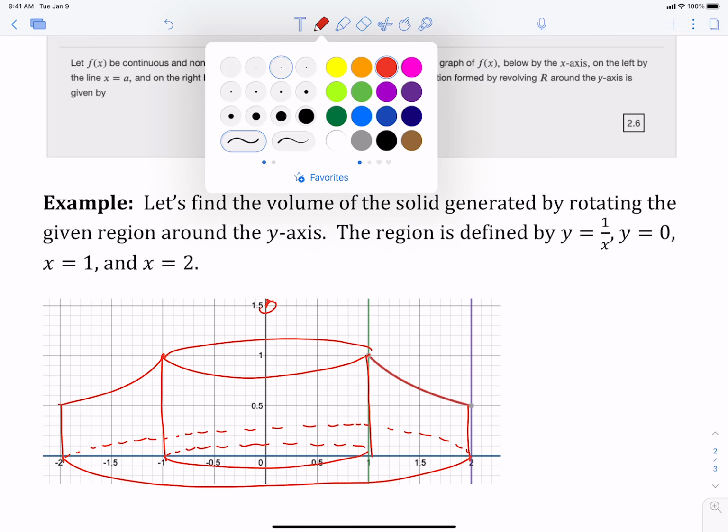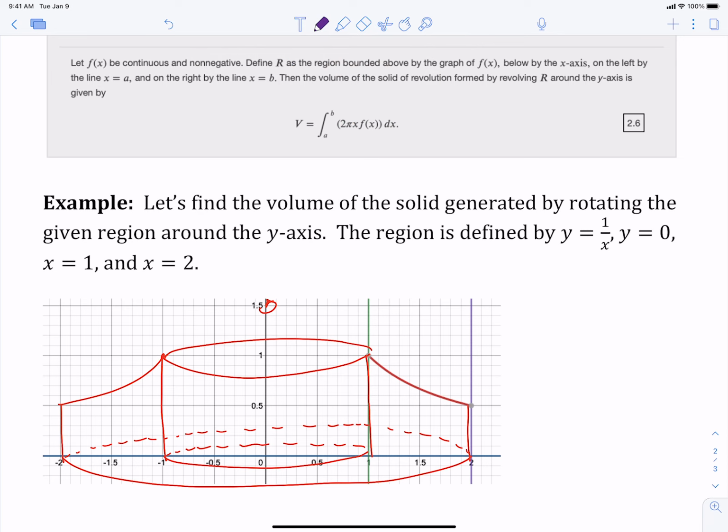Now, what's a little different than our disk method is in our disk method, we looked at the axis that we were spinning around because that gave us what our variable is going to be. Here, our variable is actually opposite the axis we're spinning around because when we go and make a cylinder, it's again like we're taking a cookie cutter and cutting down into our figure, and here is our cylinder.